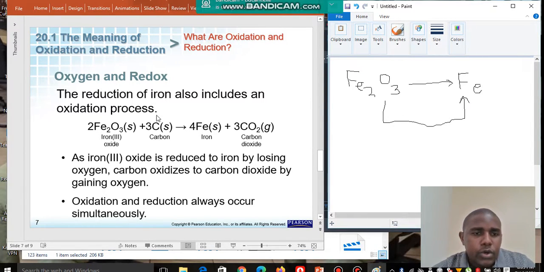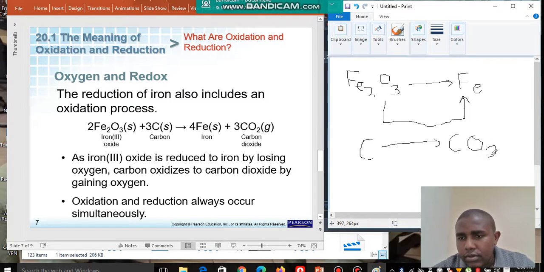Now let's look at the carbon. Carbon in the presentation has been converted into carbon dioxide. So carbon has changed into carbon dioxide. Now what has happened from carbon to carbon dioxide?